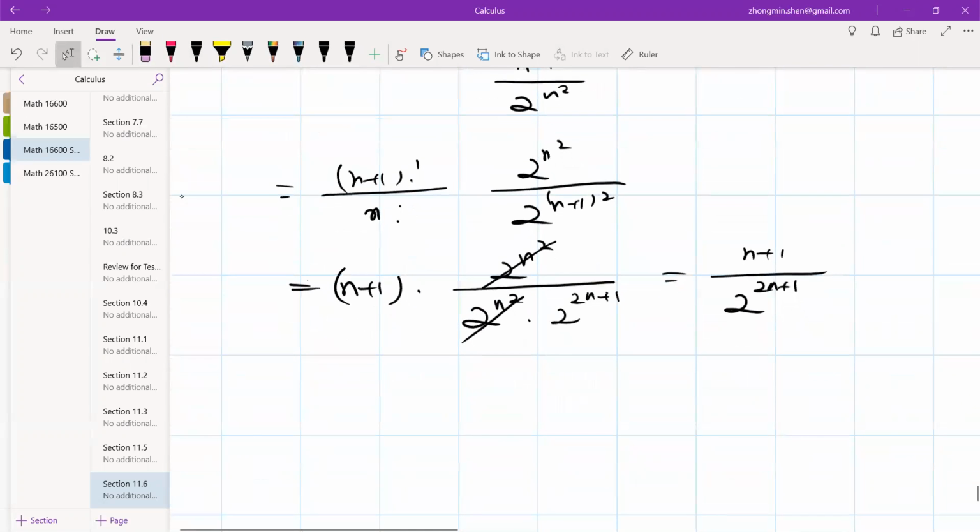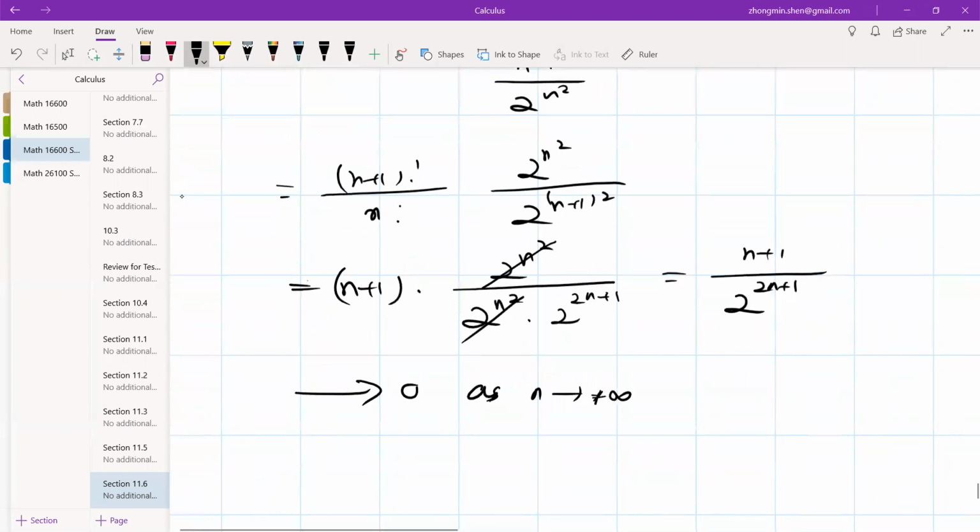This clearly approaches 0. Should I say more about that? This definitely approaches 0 as n approaches infinity. Why? Because the denominator is an exponential function and the numerator is just a polynomial.